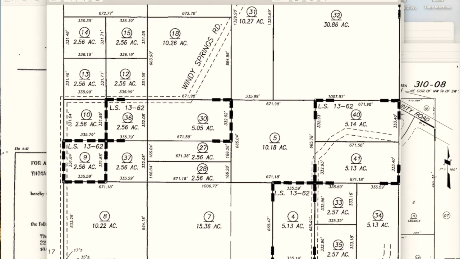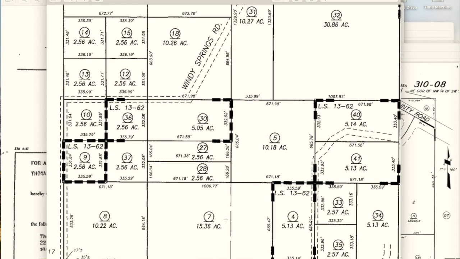This is just kind of a close-up of that last one. What's notable here is that this property was a larger 5-acre property that was then subdivided into two 2.56-acre properties. So obviously it was originally slightly more than 5, like 5.05. And as it turned out, legal access was available through here.